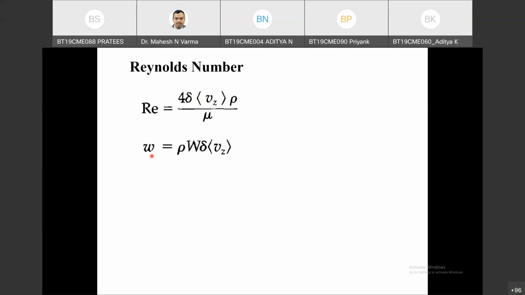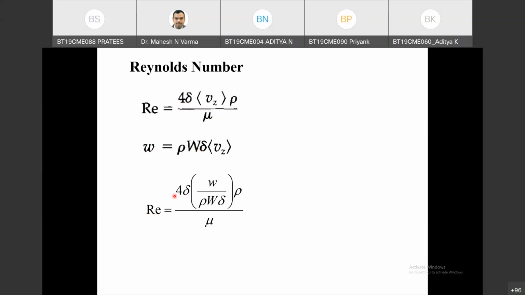Instead of the average velocity, I can use mass flow rate divided by density into W into delta. All other things are known: delta, density, viscosity, the mass flow rate just calculated, and width.